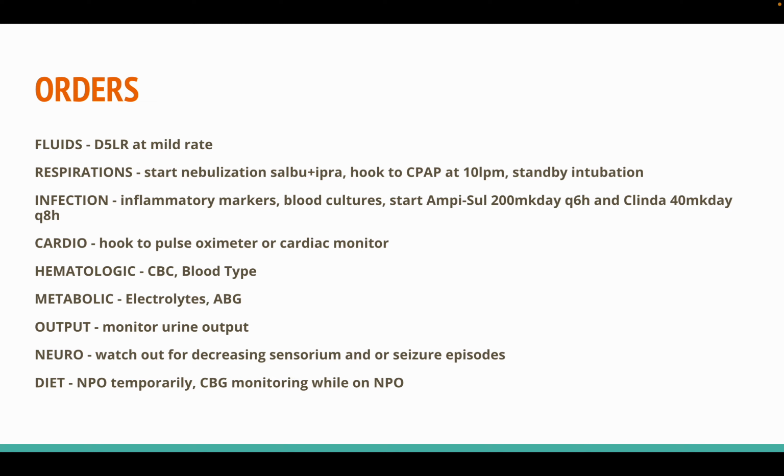And then cardiologic wise, since the patient is tachycardic, you could hook the patient to a pulse oximeter or even better to a cardiac monitor.